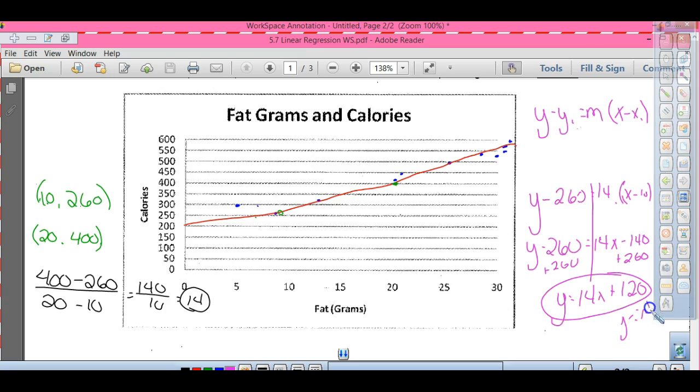My y-intercept signifies where x is 0. So if x is 0 grams of fat, there are 120 calories. It's that starting point on our graph, right?